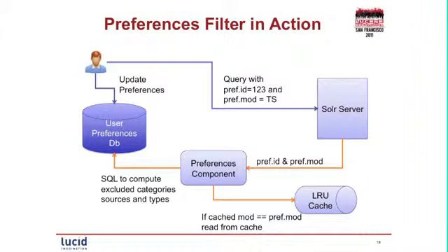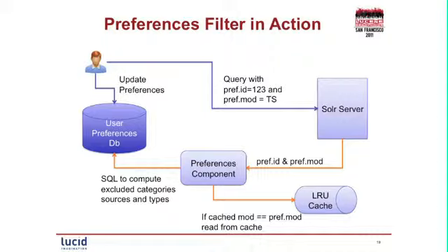We pass 1, 2, 3, that's presumably this user's ID in the database. It's opaque to Solr. It gets passed on through. And then the mod is just the timestamp of when the preferences were updated. Okay. Solr, based on that search component configuration, knows to pass those parameters on to my preferences component, because my component was called pref.